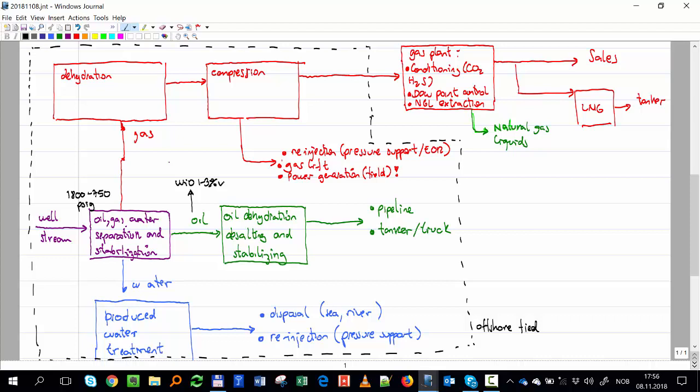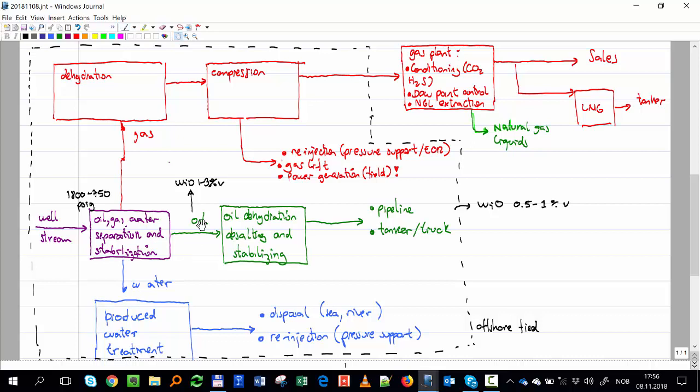Then I have the dehydration process, to take it down to what I need for transport. Some places this is water in oil, sometimes I need a number between 0.5 and 1. It has to be around that value. That's the maximum I can get with separation.